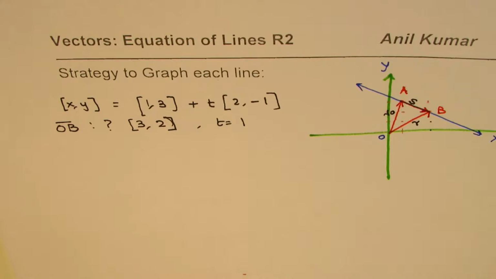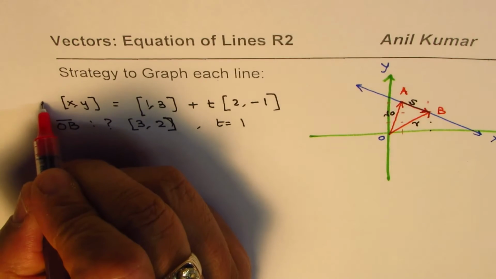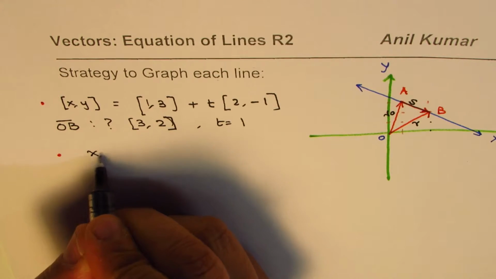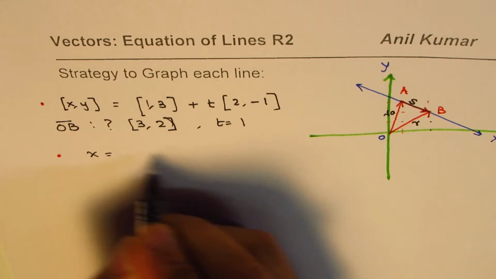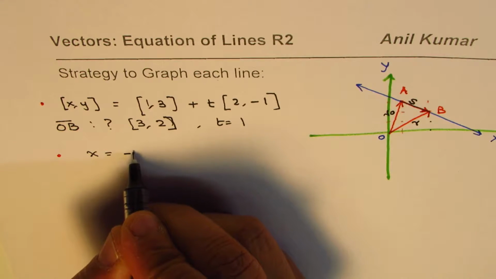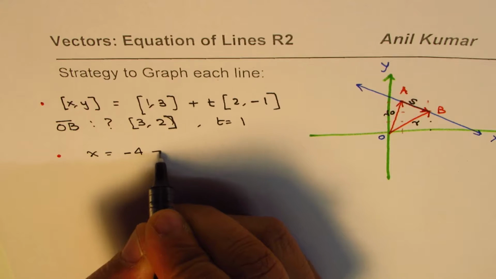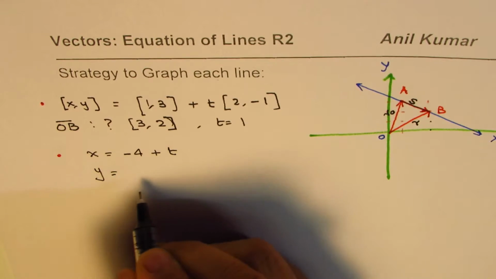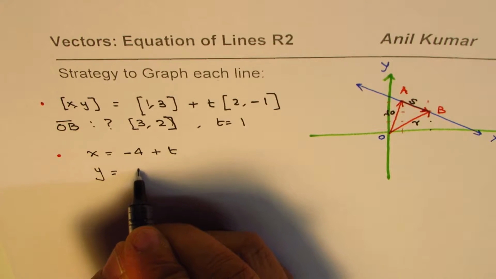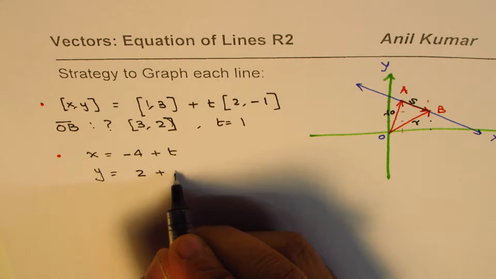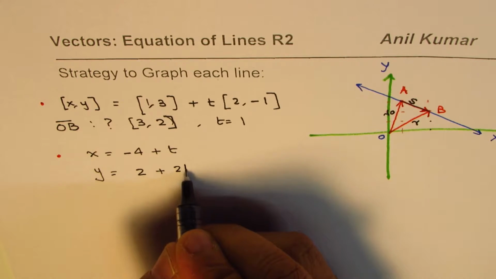Let's take another equation of a line in a different form. Let me write down a form which is called parametric form. Let's say x equals minus 4 plus t, and y equals 2 plus 2t.